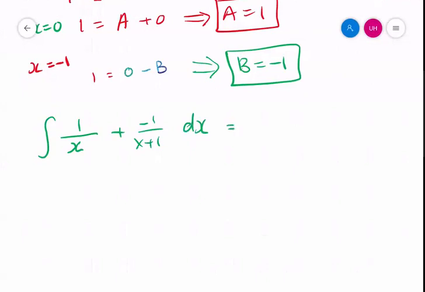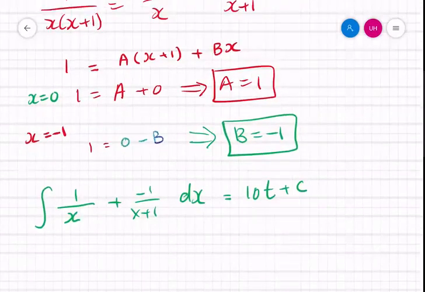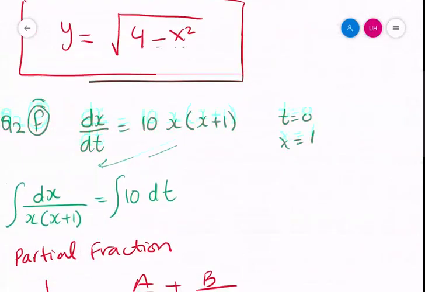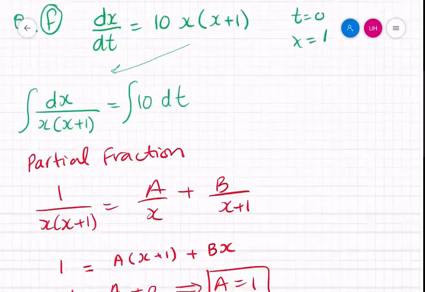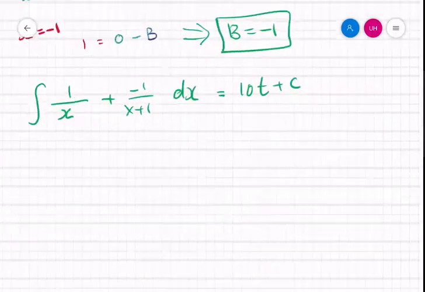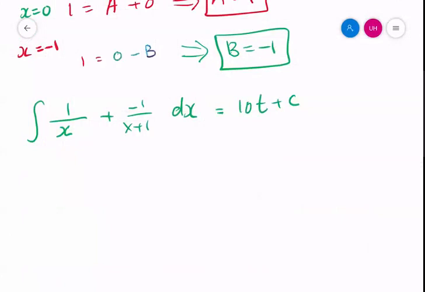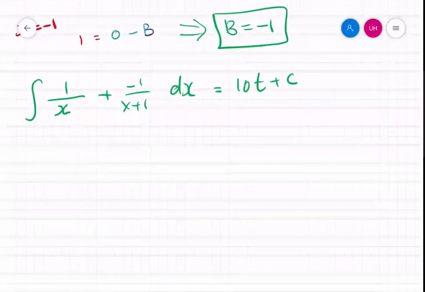And this equals 10t plus c, because the integral of 10 dt is 10t plus c. Okay? So now we integrate. The integral of 1 over x is ln x.